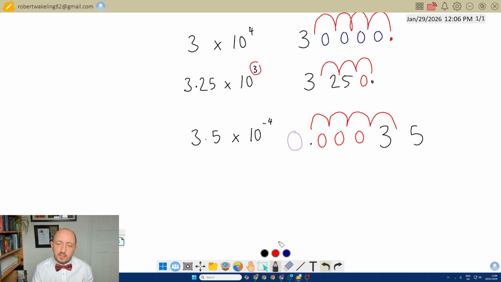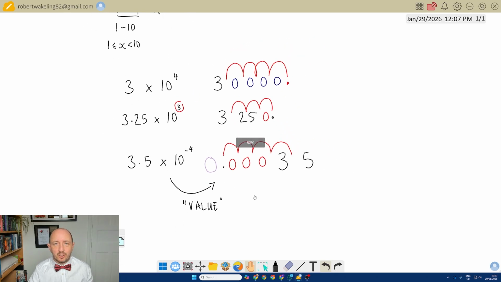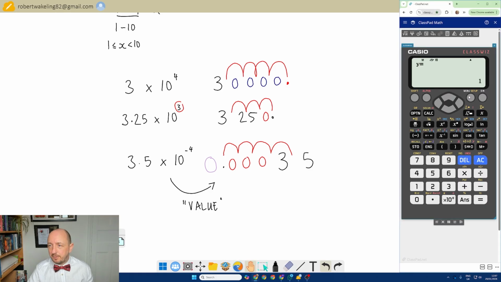Okay, so 0.00035. This process of turning standard form into a number, you will often be asked to do, to give the value. Okay, so we're finding the value of this number and we're doing this process. Now, this would probably only be done in the non-calculator paper because with the calculator we can just put these numbers on, like 3 times 10 to the power of 4.